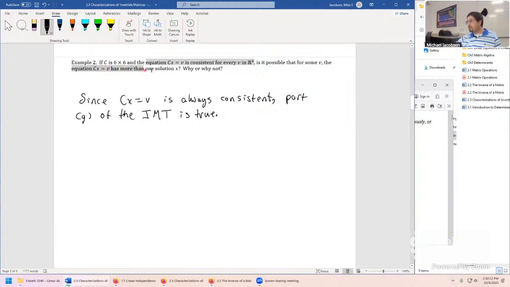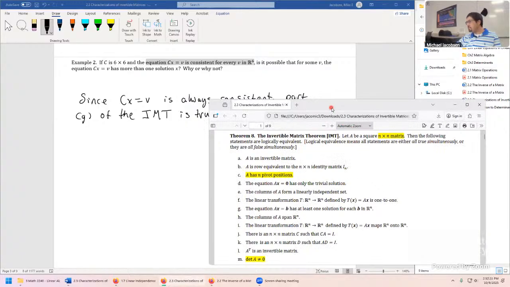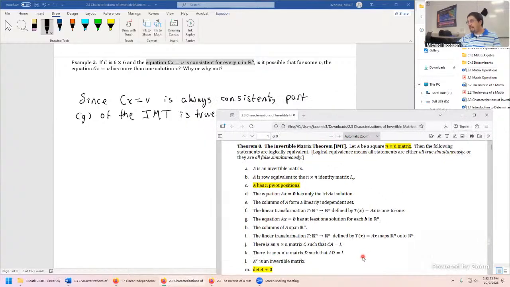But now we wonder, is it possible Cx equals v has more than one solution? Going back to the theorem, there's nothing directly stating having more than one solution or a unique solution, but all these parts are true, and so in particular, that would mean this part is true. There are exactly n pivot positions, and n would be 6 in this problem, since it's a 6 by 6 matrix. So let's say something about the pivots. This is just one way to solve the problem.